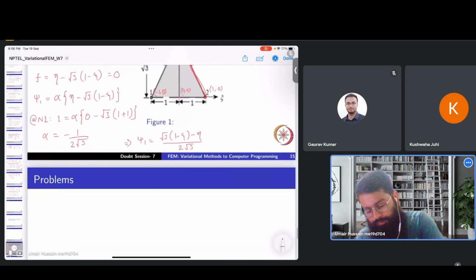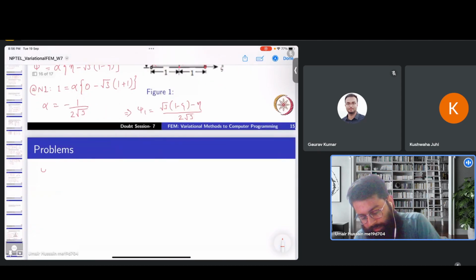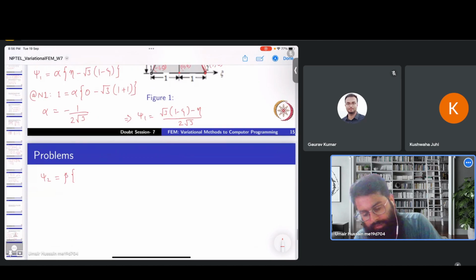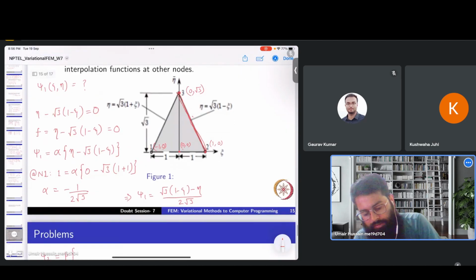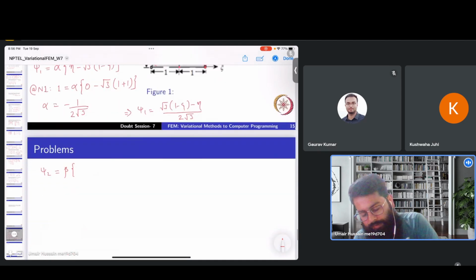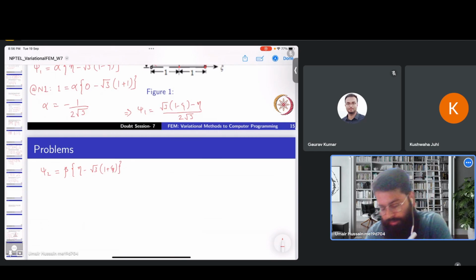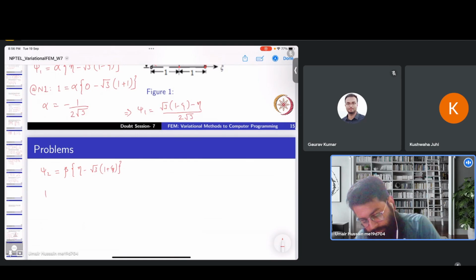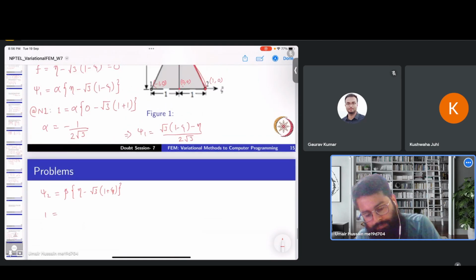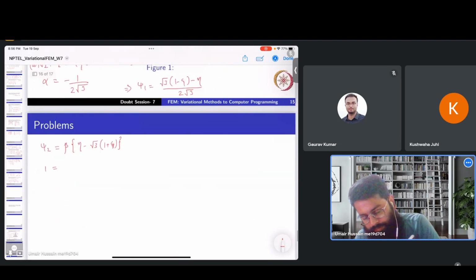So likewise, you can define psi 2 as some beta times the other equation of line, eta minus root 3 (1 plus xi). You substitute the value at node 2, you will get 1 equals, node 2 is 1, 0.